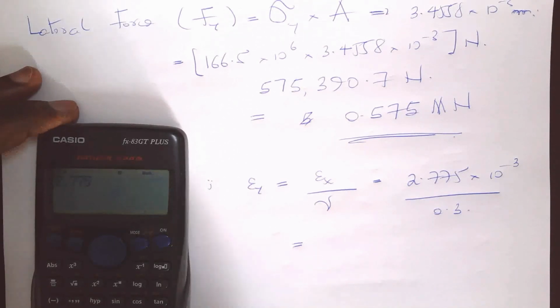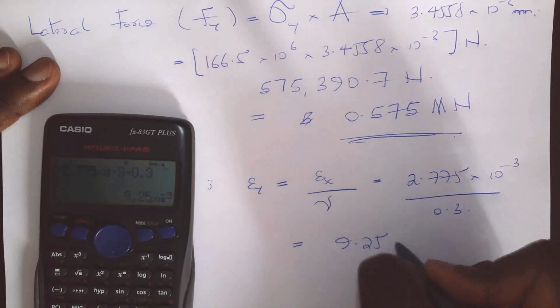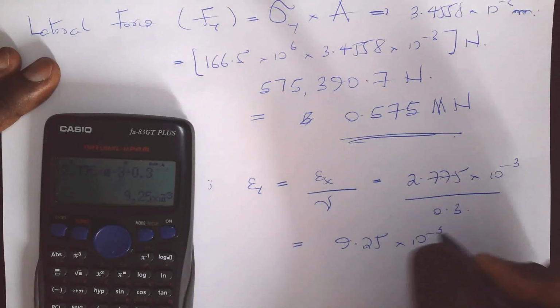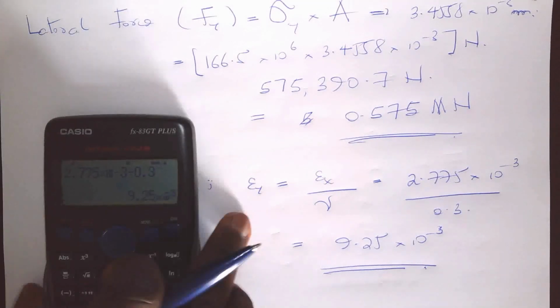2.775 times 10 to the power minus 3 divided by 0.3. So this gives 9.25 times 10 to the power minus 3. And we followed the same methodology as previously.